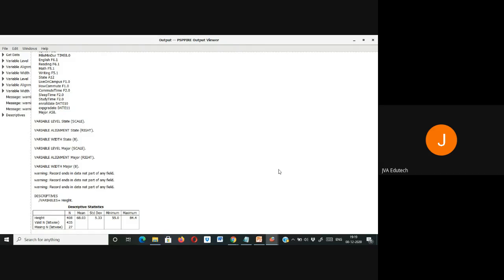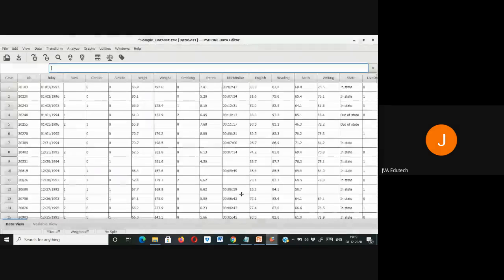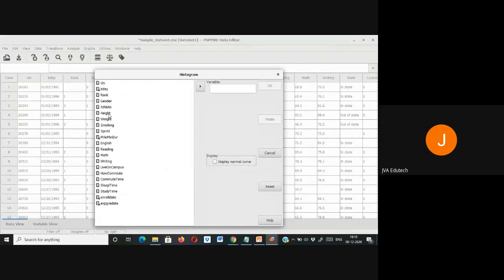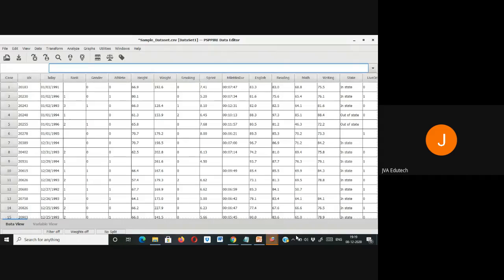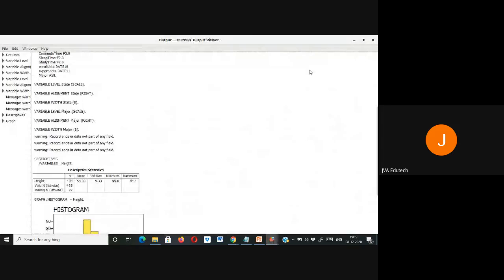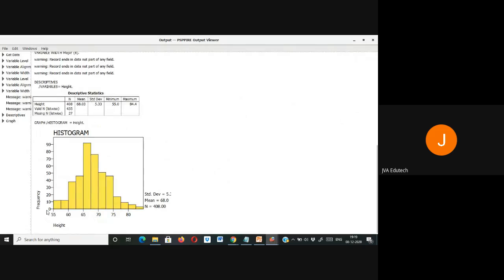Now, if I want to plot it on a graph for more meaningful insights, I can plot it on a histogram also. We can do that through graphs, histogram, and take the height. Now again check your data output.